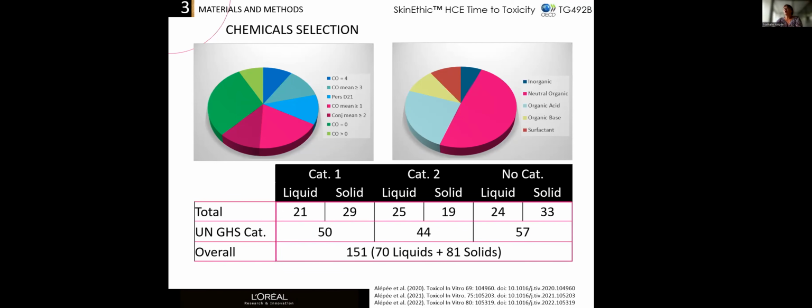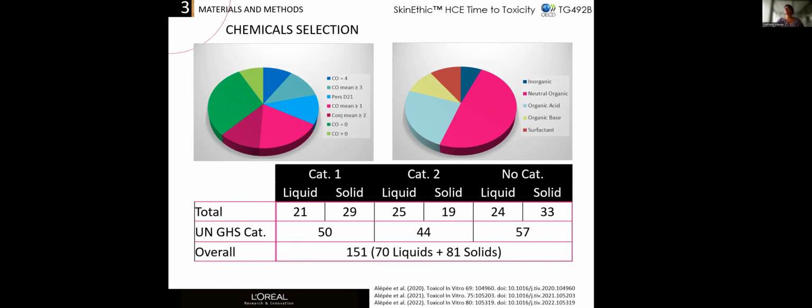The majority of these chemicals indeed represent mono-constituent substances tested neat, but some were also in dilution, and the dilution ranged from 0.01 to 30%. So we cover both, I would say, mono-substance, neat, or in dilution, and a few mixtures also.